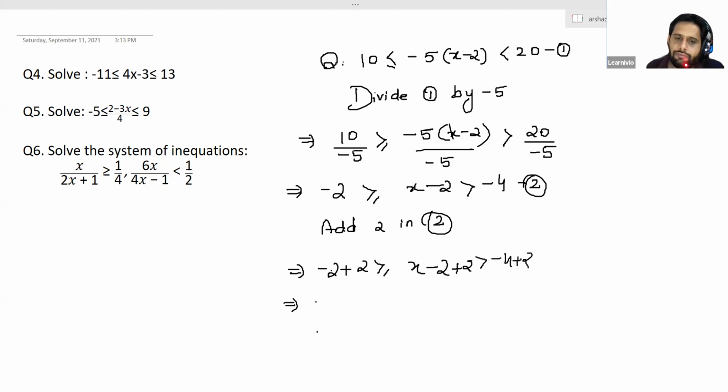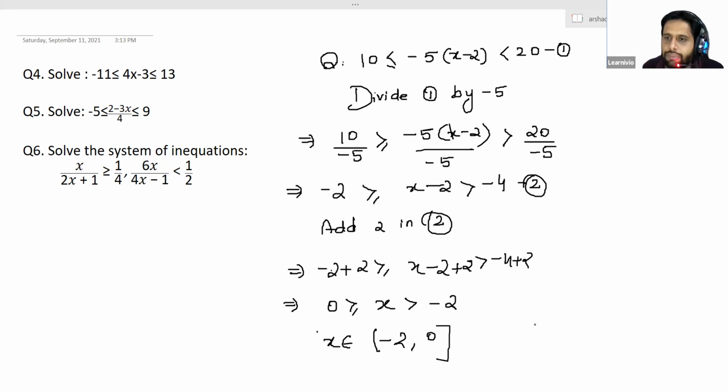So this will give 0 greater than or equal to x greater than -2. So the final answer in interval form is -2 to 0, where -2 is in an open interval and 0 is in a closed interval. Johan, is this clear, the 0 should be in a closed interval? Yes, sir.